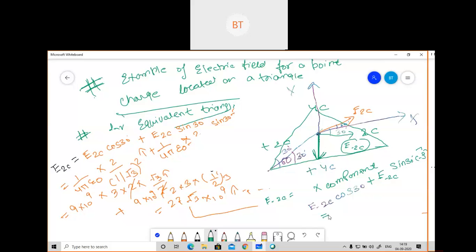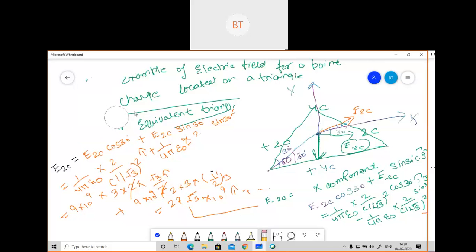Substituting the values: 1 by 4 pi epsilon naught into 2 upon 1 by root 3 whole square cos 30 i cap. Since this minus will come outside, I put minus 1 by 4 pi epsilon naught into 2 by 1 by root 3 whole square sine 30 into j. There is j, please see. Now I'll remove it, I have to solve this question.